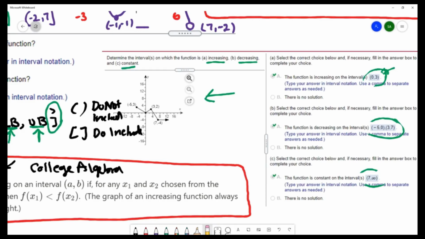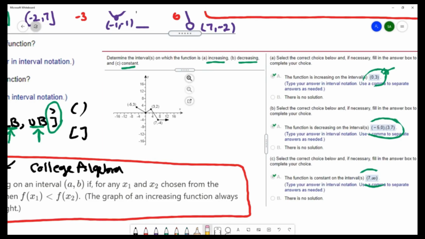Okay, so I've shifted over here to the other picture, and I'm going to erase some of this so it's not quite as messy. And on this one, we want to determine the intervals of increasing, decreasing, and constant. So first I want to get an overall idea from the picture.